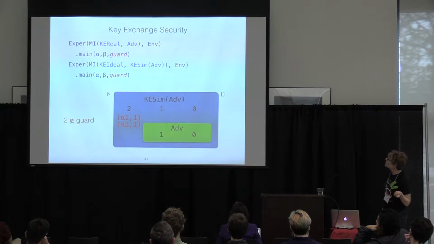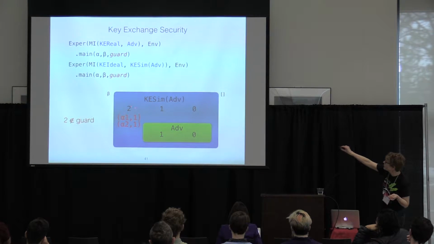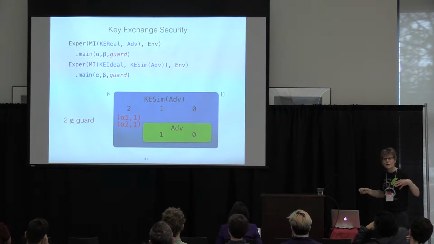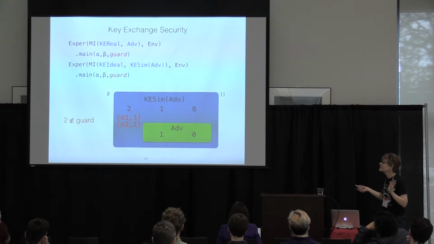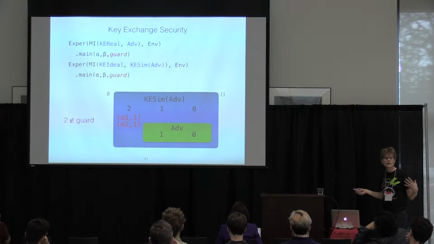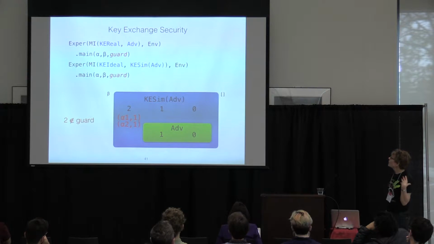What's important to make this proof work is that 2, which is this way of the ideal functionality communicating with the simulator, must not be in the input guard. So that's what the firewalling is doing. It's protecting us from the environment seeing into the workings of the simulator, which would obviously let it tell the real and ideal games apart.